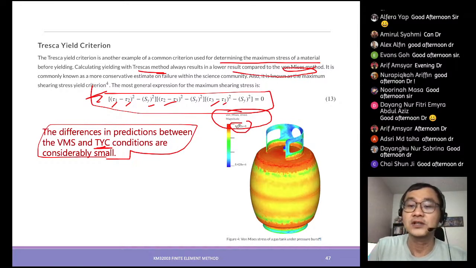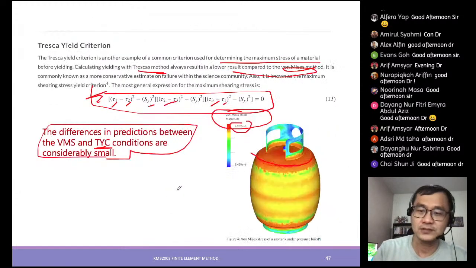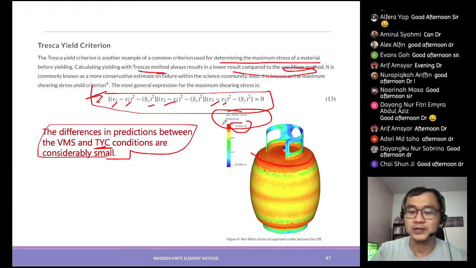So let's say this is 49 megapascal maximum, maybe occurring along this line. You have to check where the 49 is, maybe it's here. So it's well below the elastic limit. Therefore, it may be safe to use in this case. So this is how we use all these criterions to be useful.